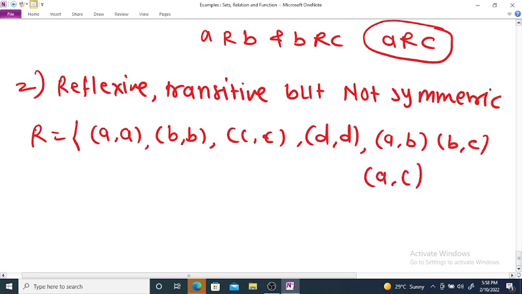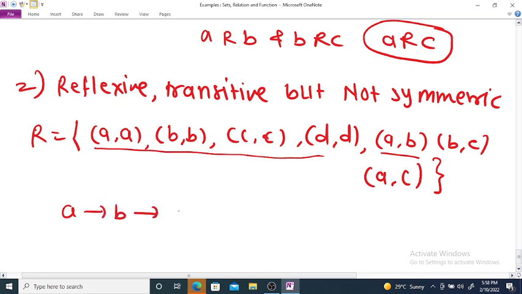Now you can check here, the given relation is reflexive. It is also transitive. A related to B, and B related to C, so A related to C is also there. Here B related to C, but there is no pair C related to anything.